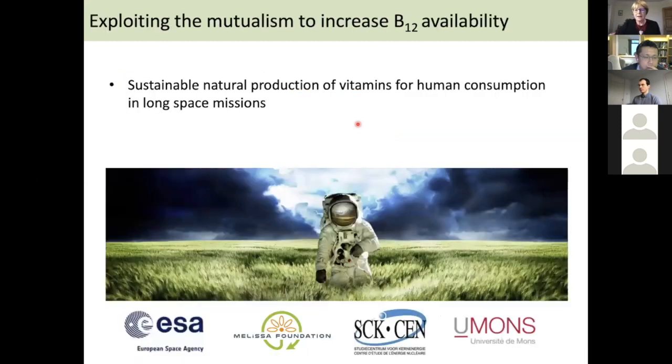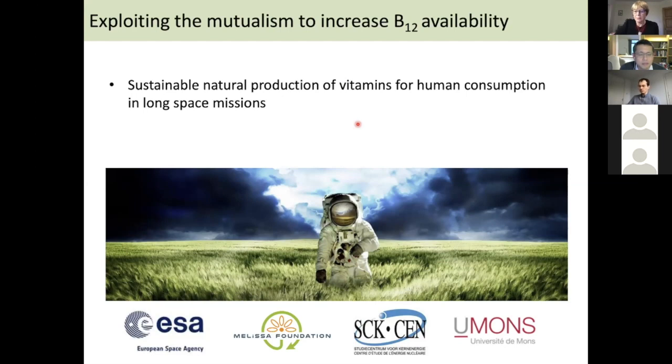Undaunted, and actually as part of the project, we have also been working with the Melissa Foundation, which is funded by the European Space Agency, and we're taking this approach to try and see whether we can provide vitamin B12 for astronauts on long-haul space missions.